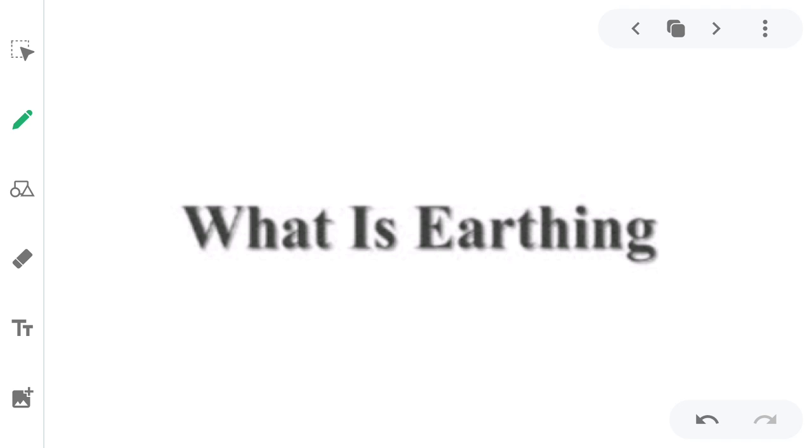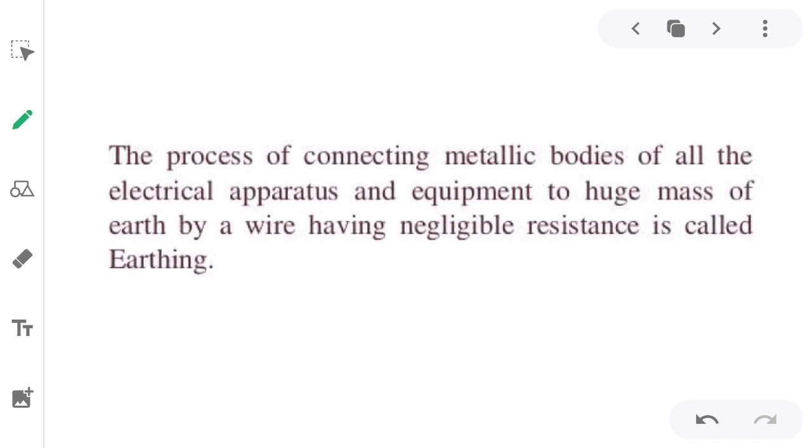Like in our home we use different kinds of metallic appliances, like the fridge has a metallic body, the iron has a metallic body. Okay, and many other appliances have metallic bodies.